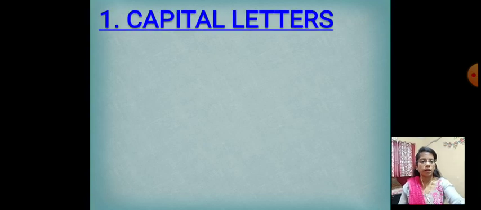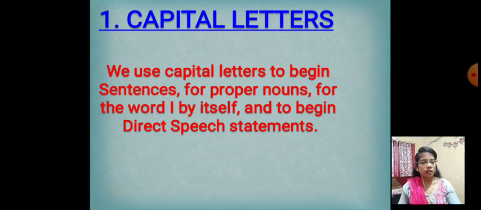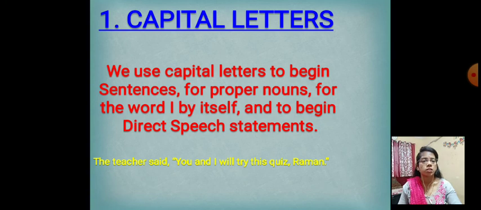First one, capital letters. We use capital letters to begin sentences, for proper nouns, for the word I by itself, and to begin direct speech statements. It means the first letter of a sentence should be written in a capital letter.